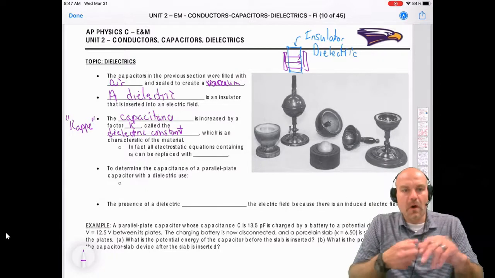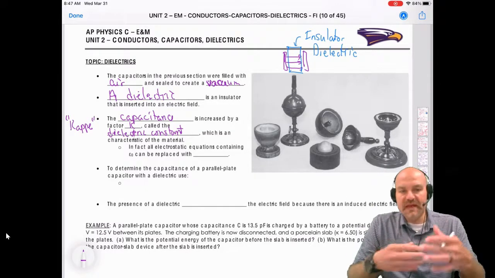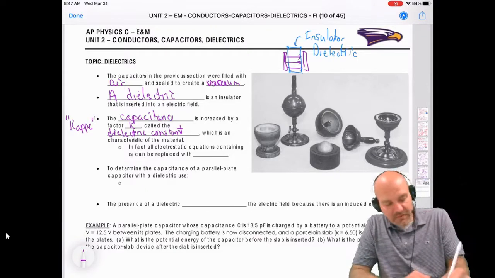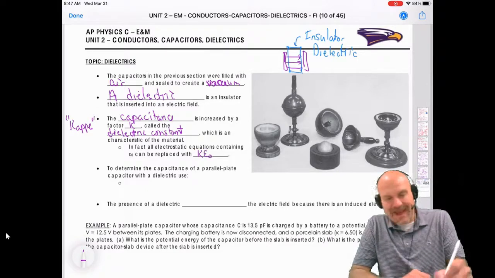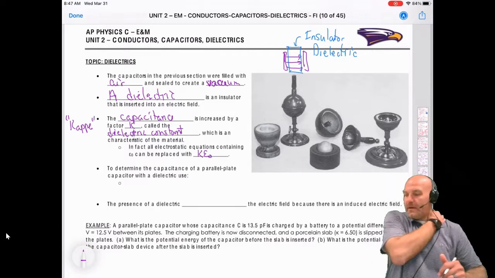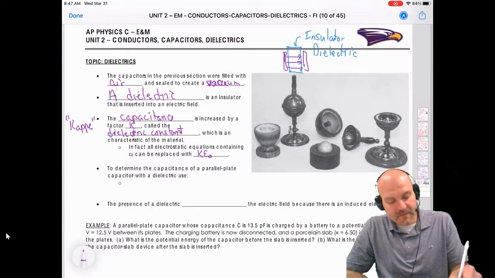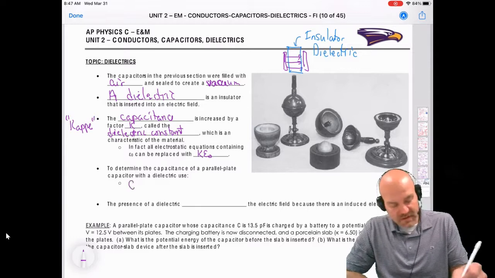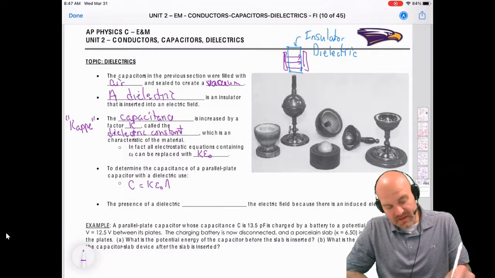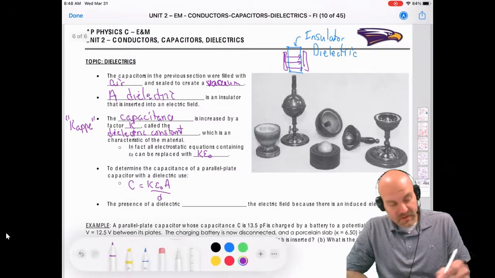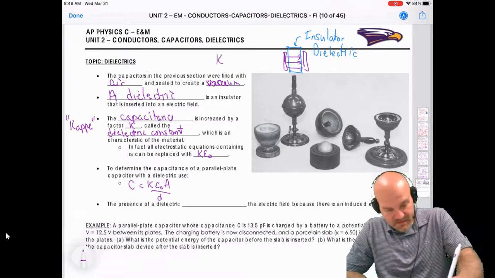In fact, in all the electrostatic equations containing epsilon naught, we can now replace epsilon naught with kappa epsilon naught. For example, the capacitance of a parallel plate capacitor with a dielectric is kappa epsilon naught A over D. The kappa for air is 1.